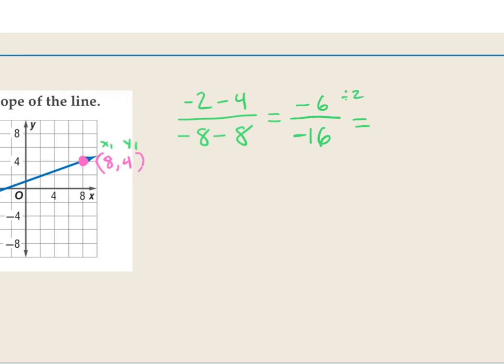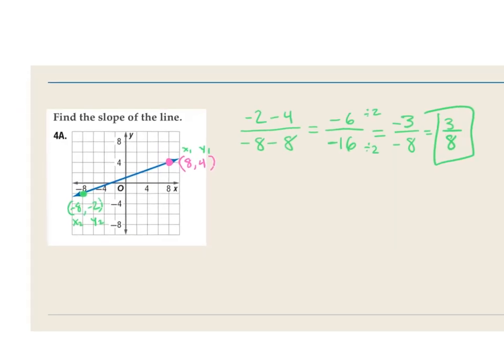We can divide the top and the bottom by 2. So what do we get when we divide both by 2? -3 over -8, but when we have a negative over a negative, it becomes positive, so 3 over 8 is our answer.